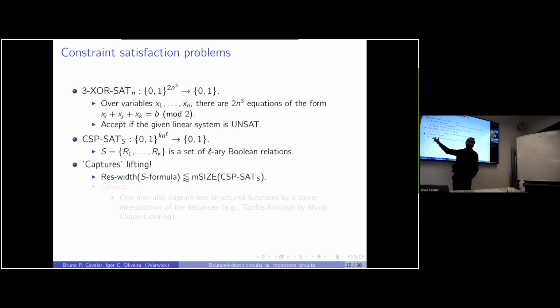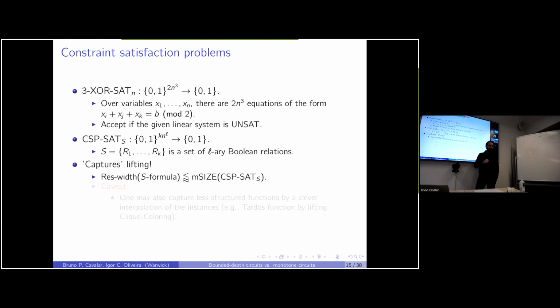And you prove that any resolution proof of this formula requires large width. That implies a lower bound for monotone circuits that solve systems on S. The formula disappeared now. You just have the relation S. So the existence of some formula for the relations of S which requires large resolution width implies that CSPs over this set of constraints are hard.